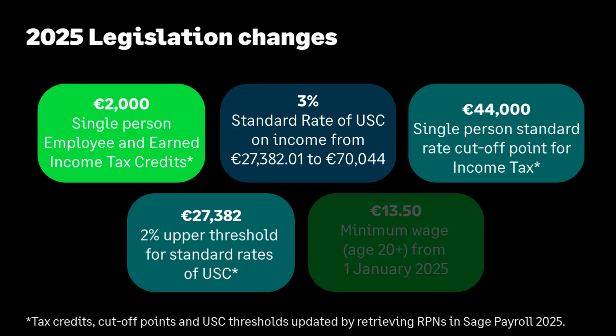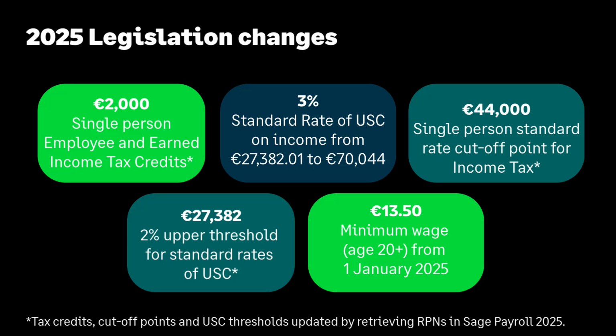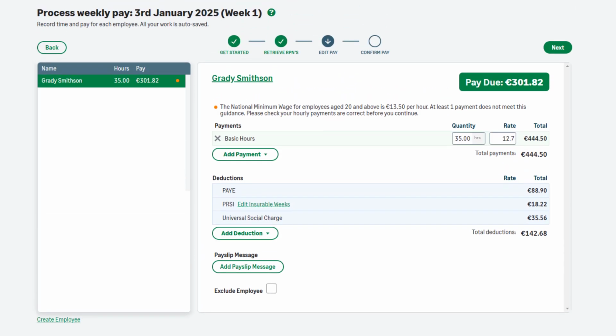In 2025, minimum wage will increase to €13.50 per hour for ages 20 and above. Other bands have increased in accordance with previous years. If required, amend payment rates within the Edit Pay section of Payroll to reflect this.